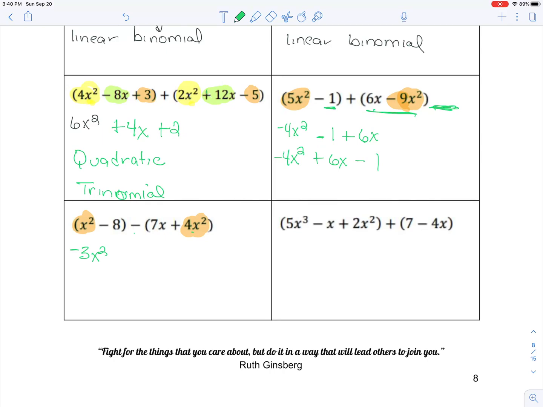So negative 3x squared, and then we have no other constant, so that's minus 8, and then minus 7x, because I have to distribute that negative. So again, I have to put it in descending order: negative 3x squared minus 7x minus 8. This is a trinomial quadratic.